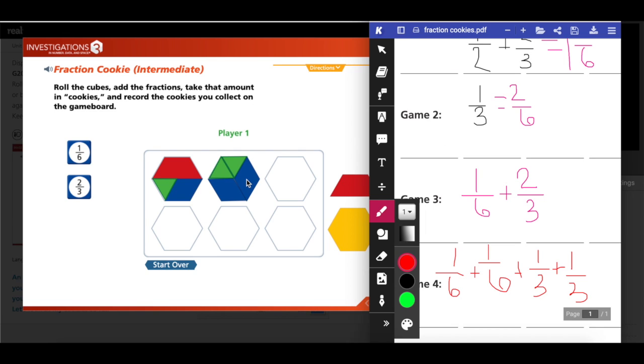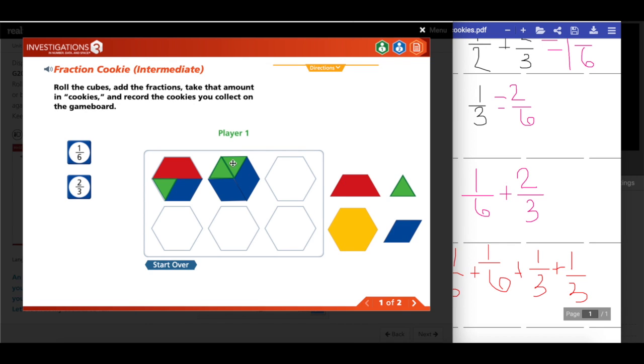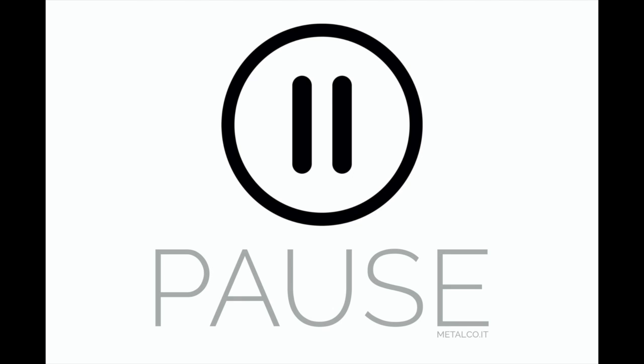What I want you to do now is pause me and think about how can I get the least amount of shapes in this? What can I switch out to get a different shape, to have less shapes or fractions inside?